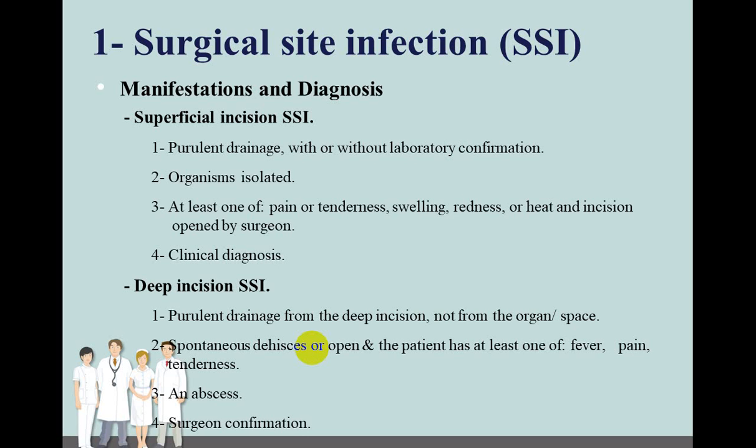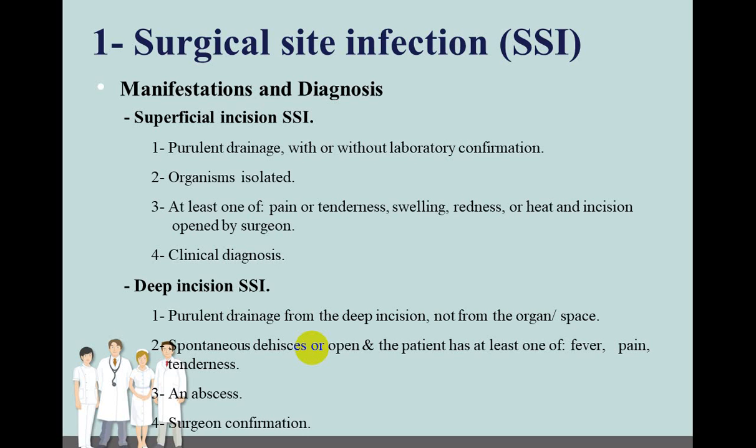Organisms isolated, at least one of pain or tenderness, swelling, redness or heat, and incision opened by a surgeon. That means clinical diagnosis. All the mentioned points could be used for the clinical diagnosis.